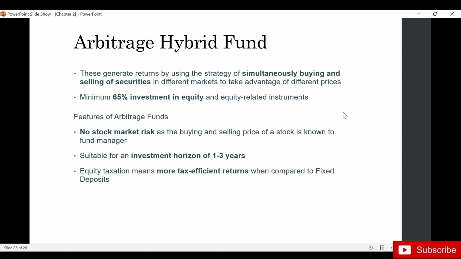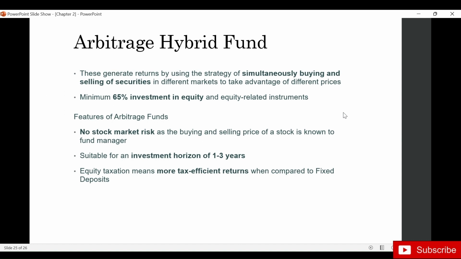Arbitrage hybrid funds have to invest a minimum of 65% in equity and equity related instruments. Now let us talk about the features of arbitrage funds. There is no stock market risk because the buying and selling price of the stock is already known to the fund manager, who is buying and selling stocks at the prices he already knows, right?